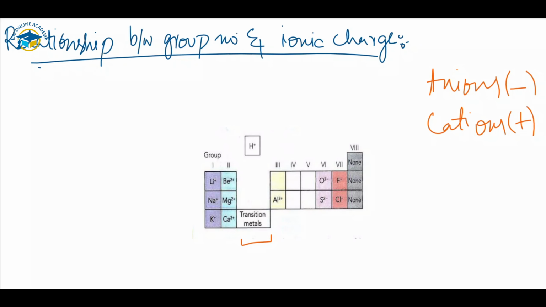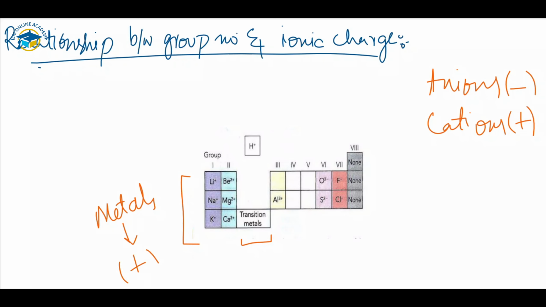We have the relationship between the group number and the ionic charge. You can see that for the metal ions, the positive charge is the same as the group number. Metals are mostly present in group 1 and group 2 of our periodic table, and metals have free electrons, so they always form cations, or positively charged ions.